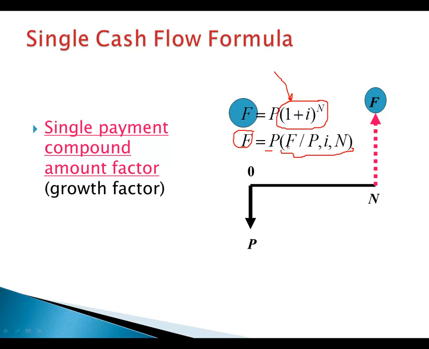But how can we read this expression? This expression is read as I need F given P, so the slash means given.